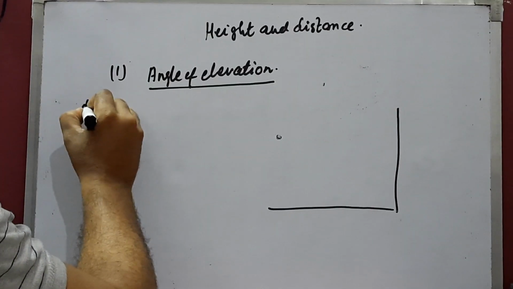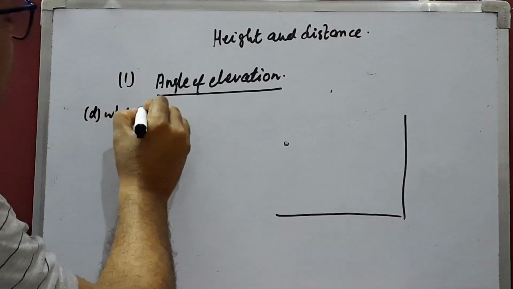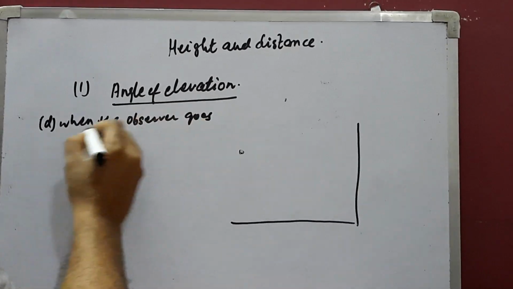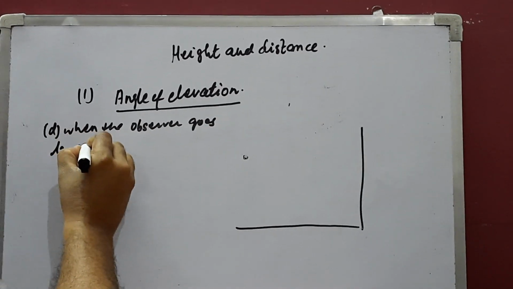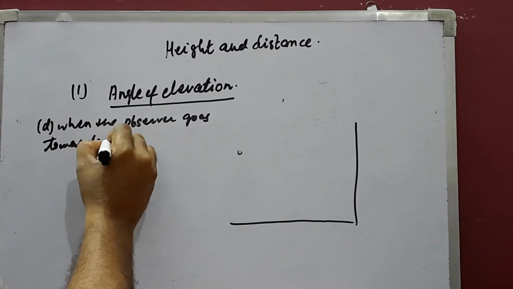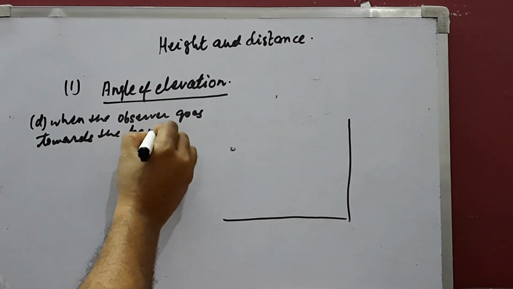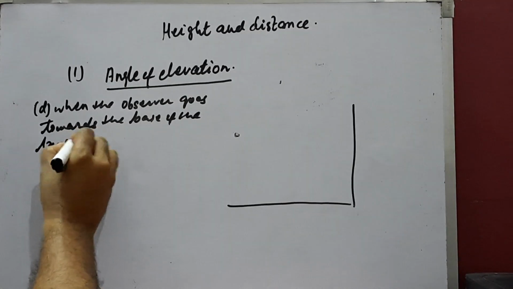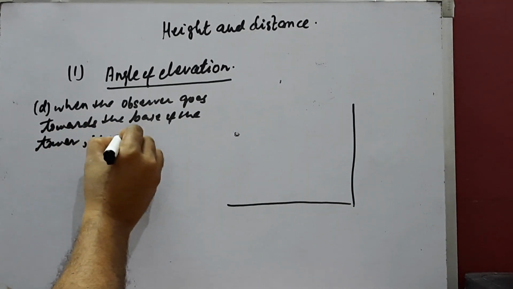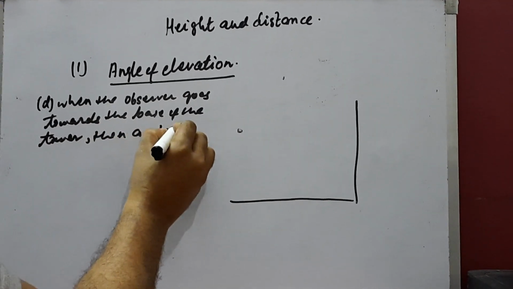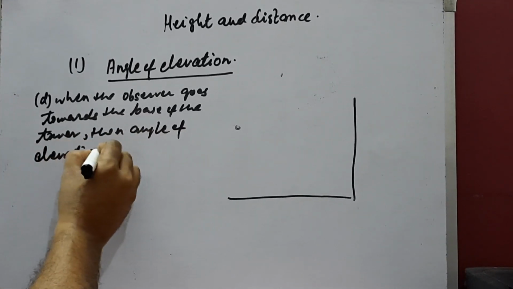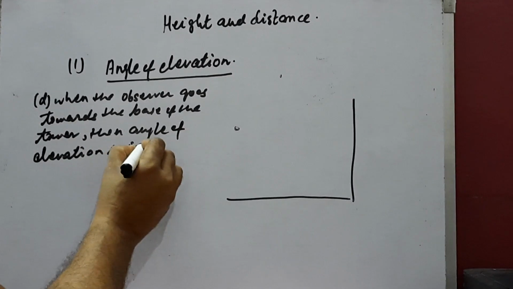Now, when the observer goes towards the base of the tower, then the angle of elevation is increased.